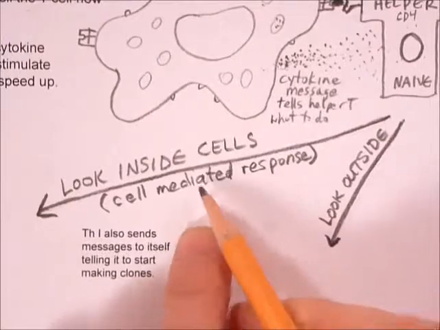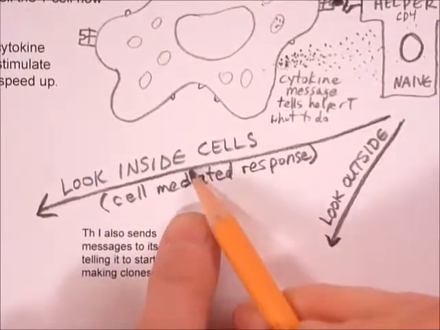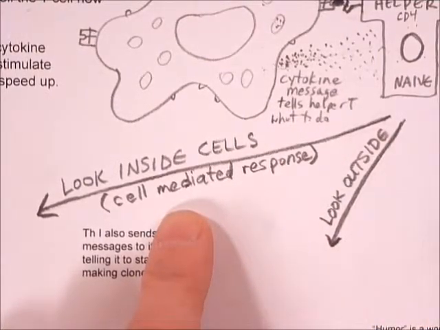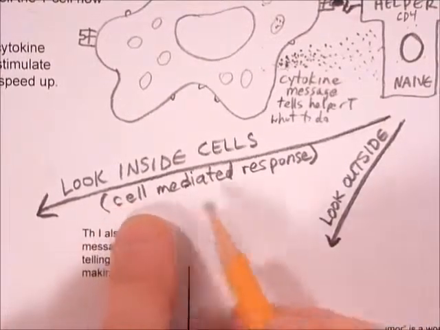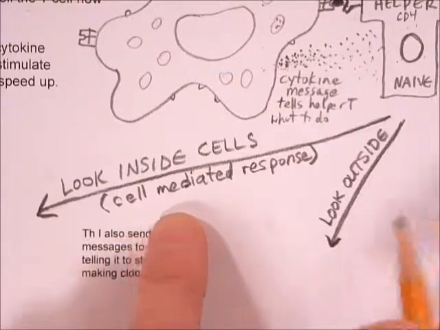Okay, and this just basically means cell-to-cell warfare. This means you're going to go and you're going to attack. You're going to do hand-to-hand combat, cell-to-cell combat. Okay, cell-mediated means cell-to-cell combat.